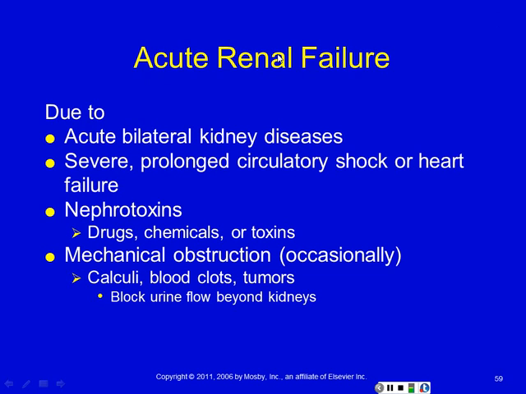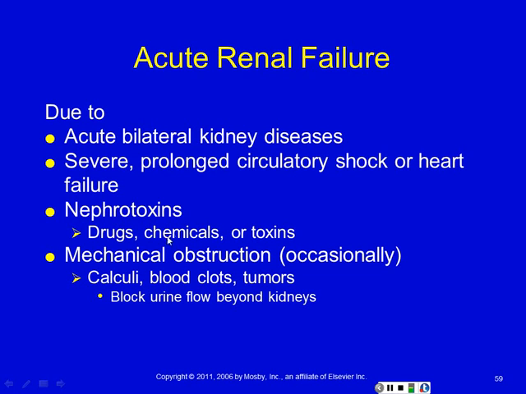Now, it doesn't necessarily mean that your kidneys caused it. For example, circulatory shock that's prolonged. You've got a patient who's septic and you've had trouble keeping their blood pressure up for the last week. Their kidneys can die from ischemia. They don't have enough blood flow, so not enough oxygen. The kidneys die off and you get into acute renal failure.